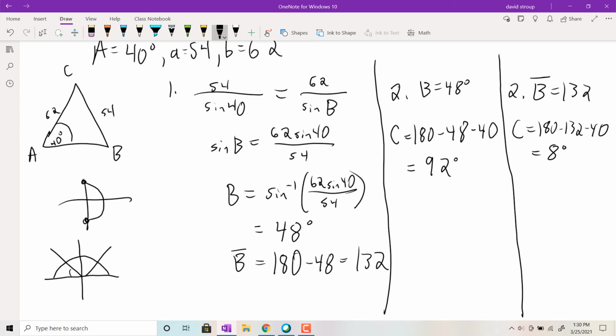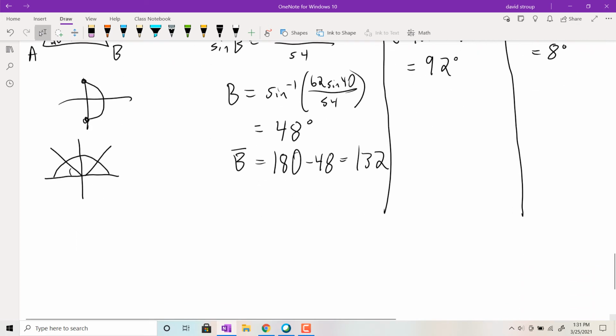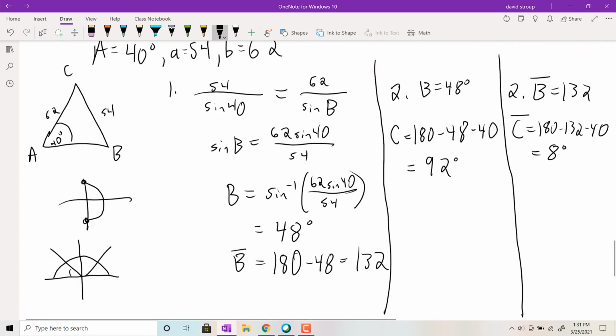For our case here, with A, B, and C, that's two acute and one obtuse. And then for A, B bar, and C bar, that's also the same type: two acute and one obtuse. So you get the same case in both.